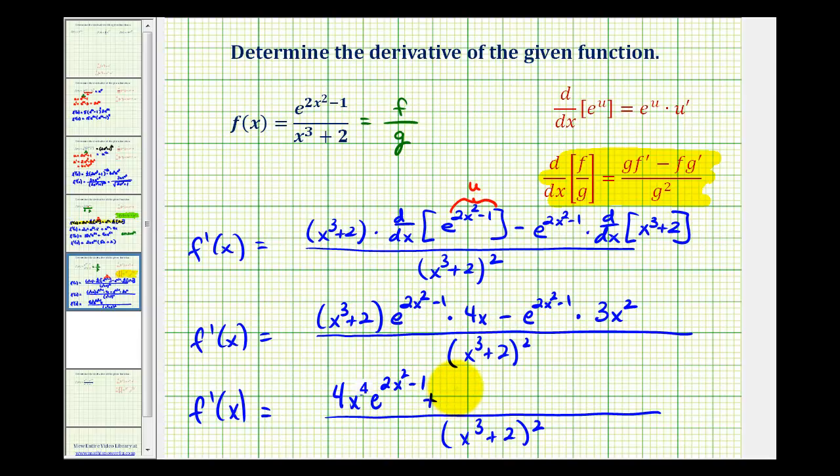That'll be 8x e to the 2x squared minus 1. Minus, here we'll have 3x squared e to the 2x squared minus 1. So the last step in this problem will be to factor the numerator. Let's go ahead and finish it on the next slide.